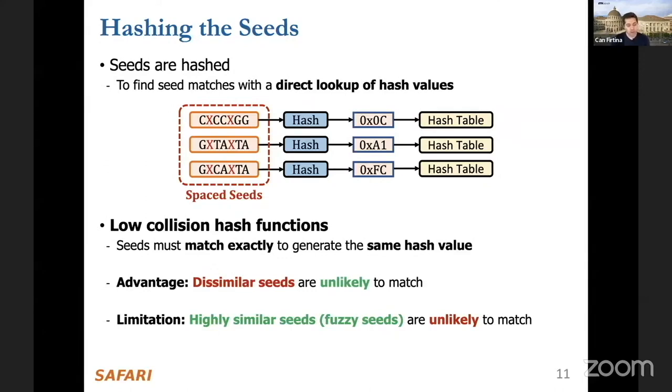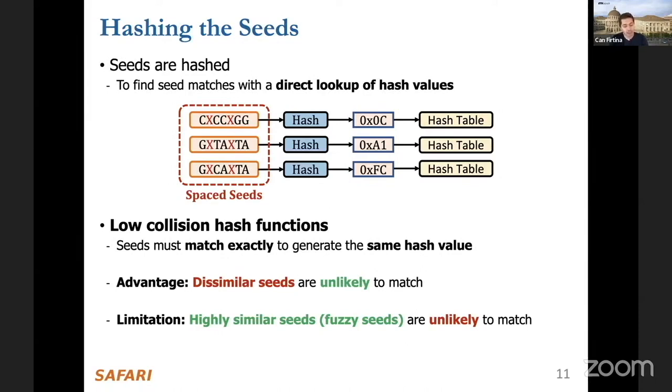Our main goal when mapping reads to a reference genome or to each other is to figure out where these reads may be coming from, or where their origins are in the corresponding genome. And when we exactly match the seeds to reduce the space from the entire reference genome to particular regions, exact matches may not be sensitive enough.